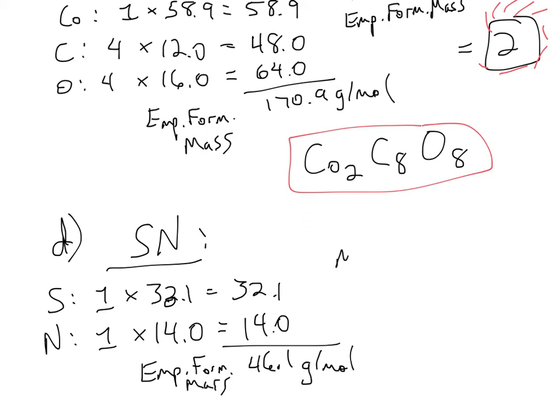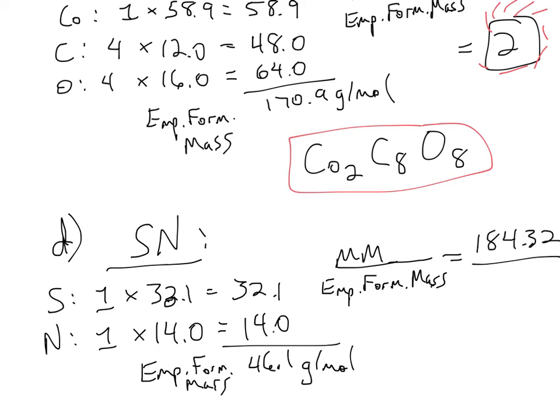And if we take molar mass divided by empirical formula mass, we should get a whole number ratio. The molar mass they gave us up above was 184.32, and the empirical formula mass was 46.1.